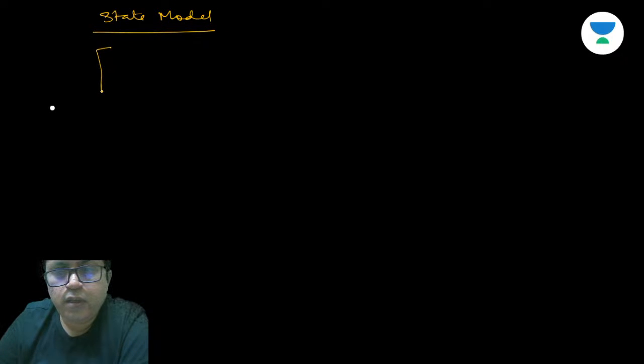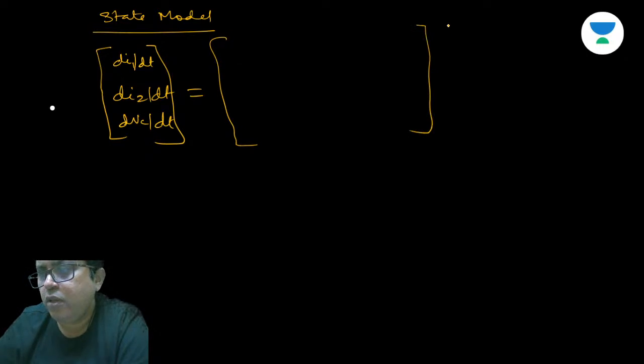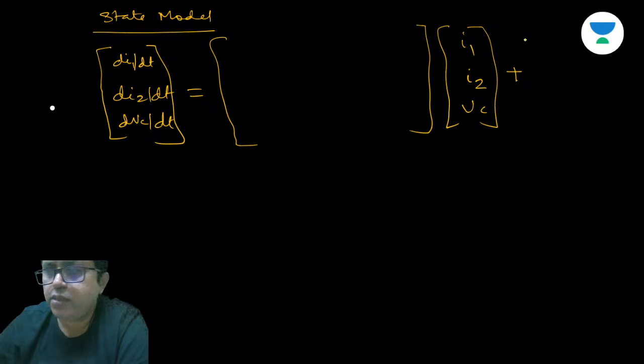Okay. So let us write down the state model. From 3, 4, 6: di1 by dt, di2 by dt, dvc by dt is equal to a matrix times the three state variables I1, I2, VC, plus there are two inputs.